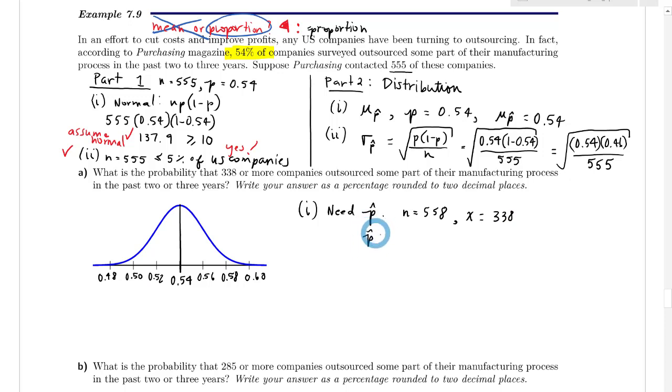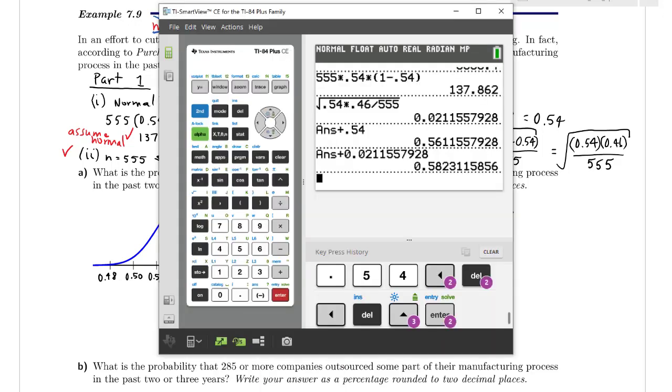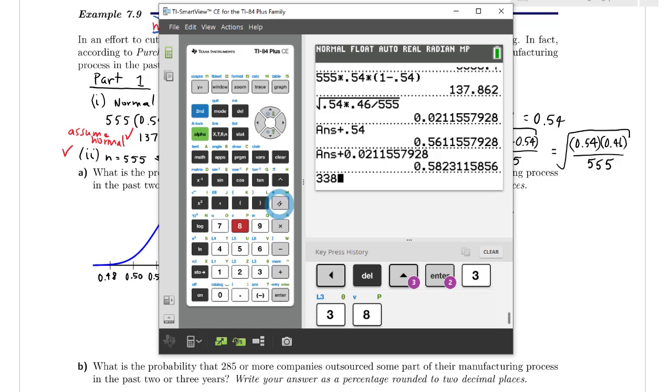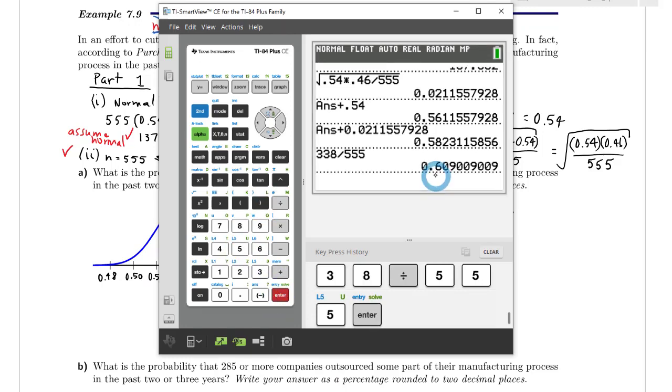So p hat in this case is 338 divided by 558. So if I put that in the calculator, 338 divided by 555, it gets like this little decimal here.